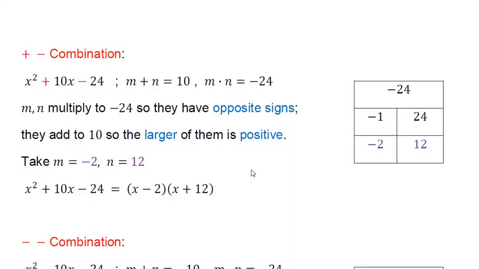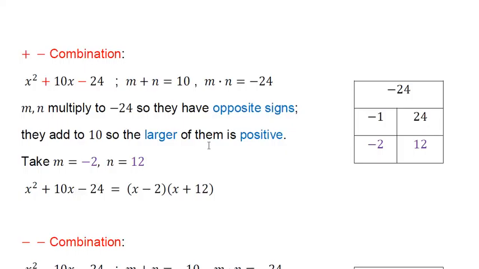So we can make a chart of integers multiplying to negative 24 with the larger integer positive and the smaller integer negative. First off, we have negative 1 times 24, but negative 1 plus 24 is not equal to 10, so these don't work. But then we get negative 2 times 12 is negative 24, and negative 2 plus 12 is equal to 10.